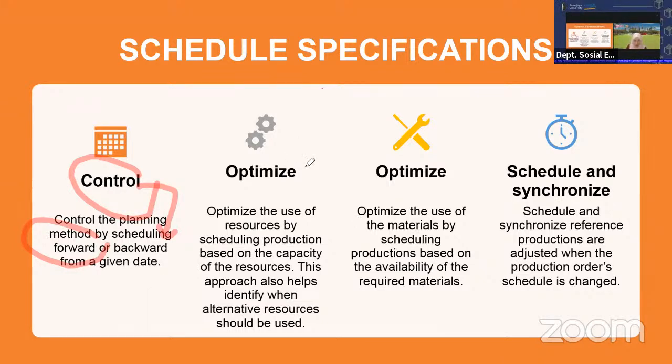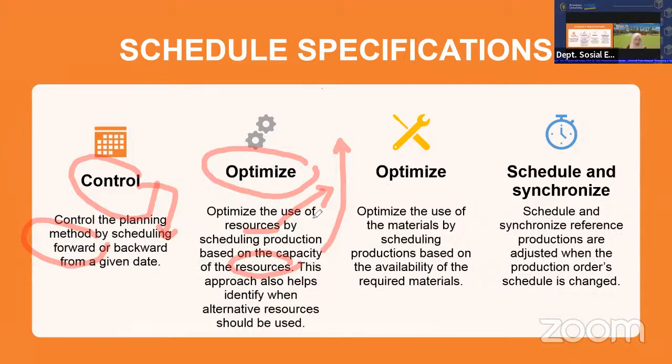With scheduling, you can also have elements of optimization. Optimize meaning you can optimize the use of resources, your raw material, your workers, your staff, and the capacity of the resources. Once you optimize your resources and you know your capacity of resources, the optimization can be achieved effectively. This approach helps to identify alternative resources that should be used.